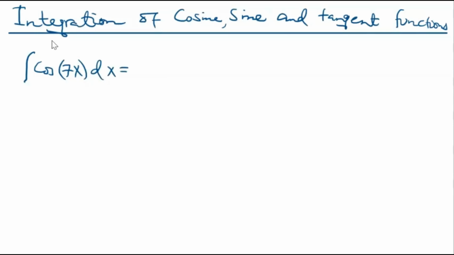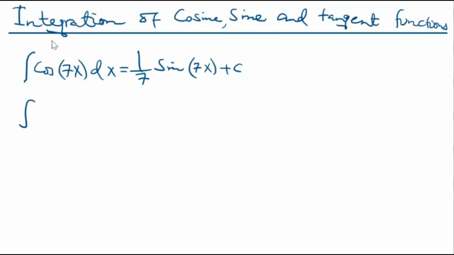The coefficient of the x becomes a fraction, and the cosine becomes sine 7x plus c. If you don't know how to integrate sine and cosine functions, make sure you watch my other recording on cosine and sine function integration. So the cosine becomes sine.